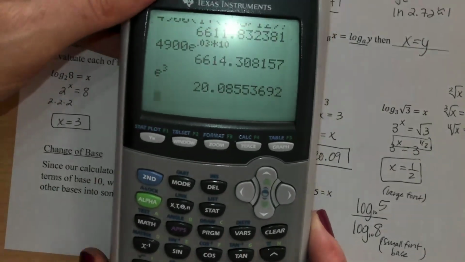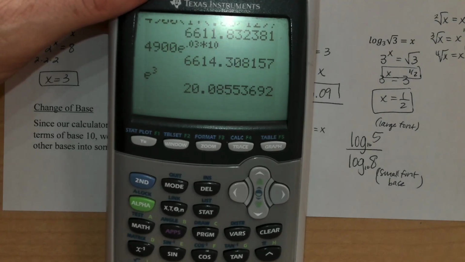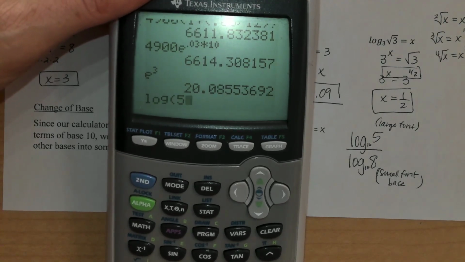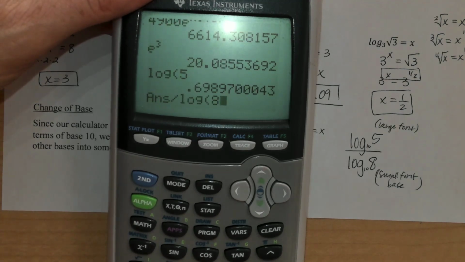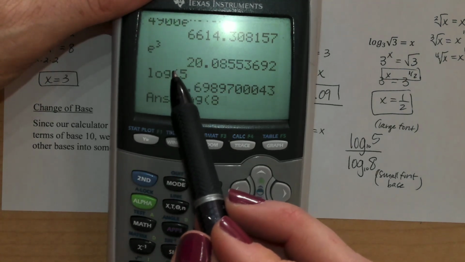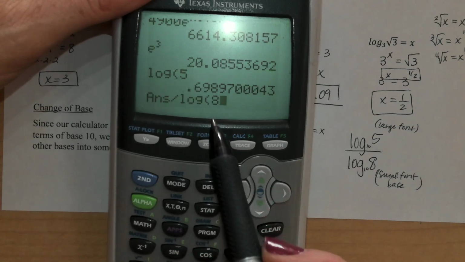What you probably want to keep in mind is how you plug it in. If you don't get the parentheses in the right place, it's going to get a little messed up. So I do log of 5 and I hit enter, and then I hit divided by the log of 8. That way, since my calculator threw a parenthesis in there, if I forget to close that, it'll mess up my answer.